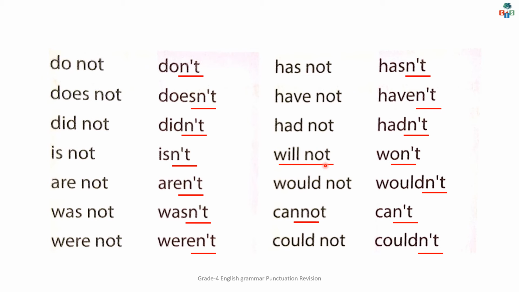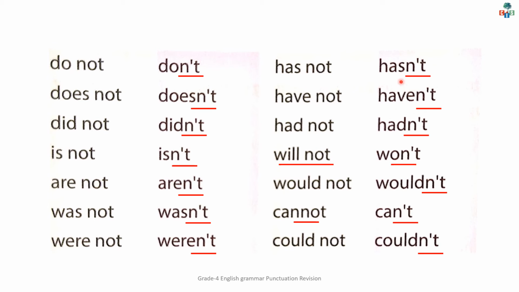Will not. Here the short form of will not is won't. It is totally changed. Here you have to omit this O and these letters also. And it is completely changed. Will not, won't. Have not, haven't.